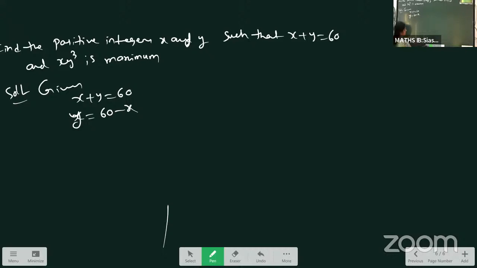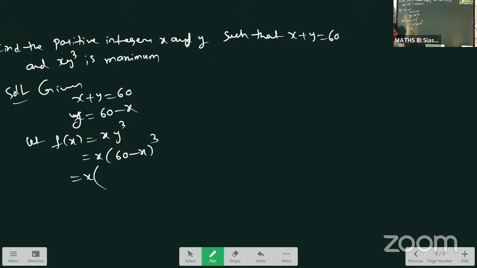Now, we want to prove xy cube value is maximum. So for that, let f of x is equal to xy cube. So in that, x into y cube means x into (60 minus x) whole cube. What is (a minus b) whole cube?